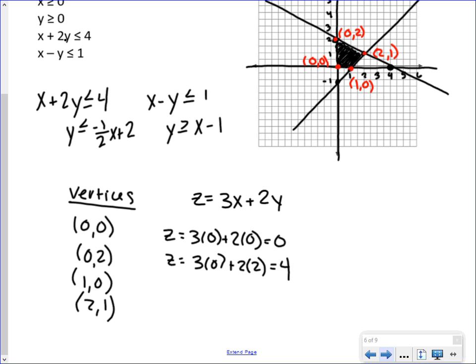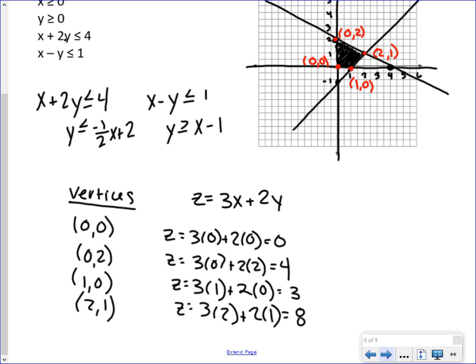I'm just testing them in the objective function. What do I get out from my objective function z? Z equals 3 times 1 plus 2 times 0, that's 3. And then z equals 3 times 2 plus 2 times 1, that's 8.